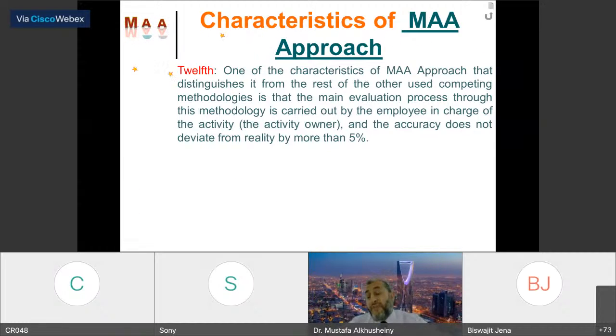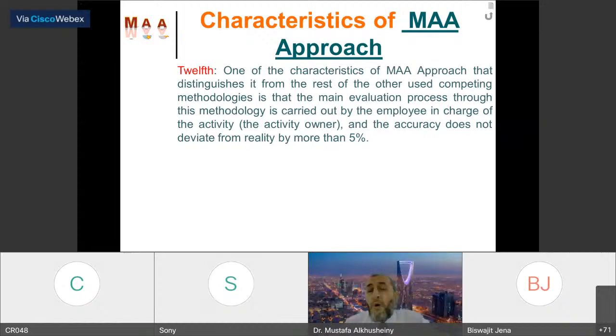What does that mean? For example, the tea boy who is responsible for making the coffee or the tea. The boss, maybe he is not familiar with making coffee, but the tea boy, he is professional.